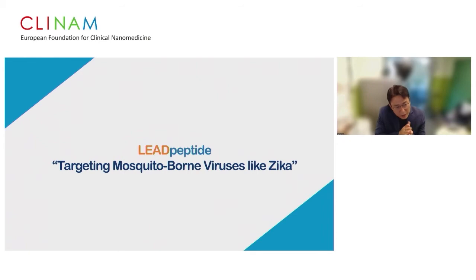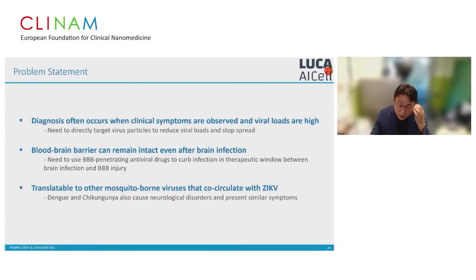So I'm going to give you the whole study of this lead peptide with one example, Zika, which we published in a Nature Materials paper. One of the problem statements is that diagnosis occurs when clinical symptoms are observed and the viral infection has already happened.